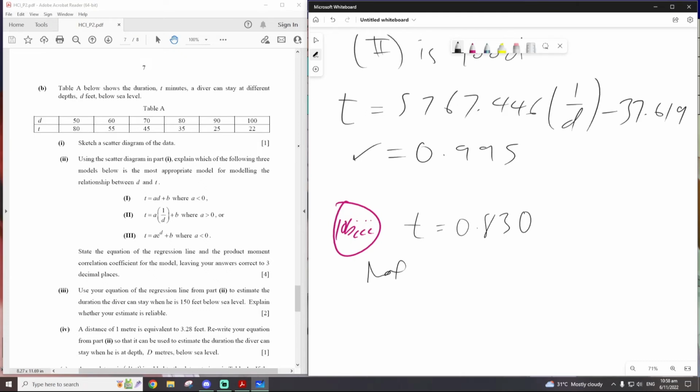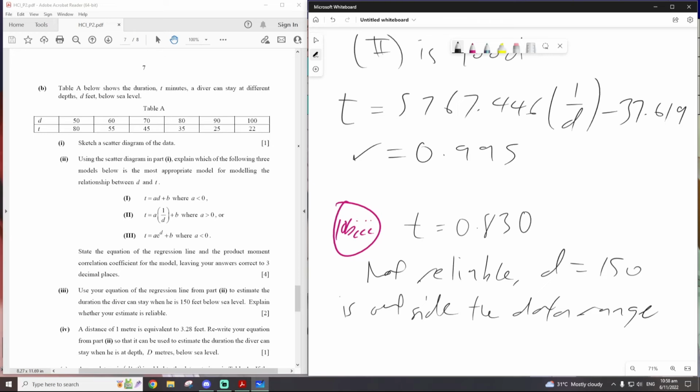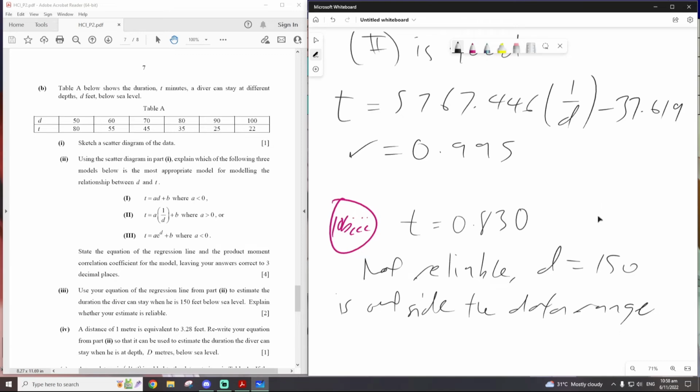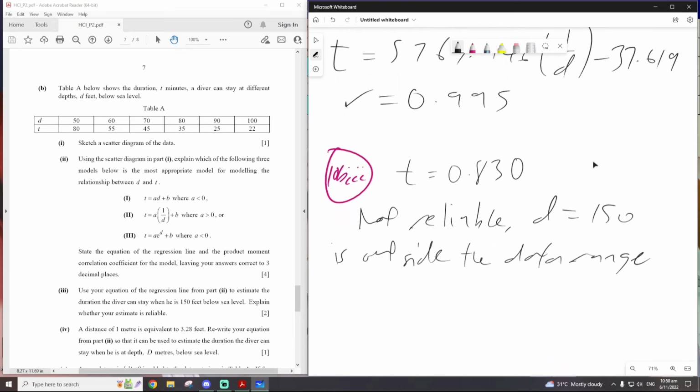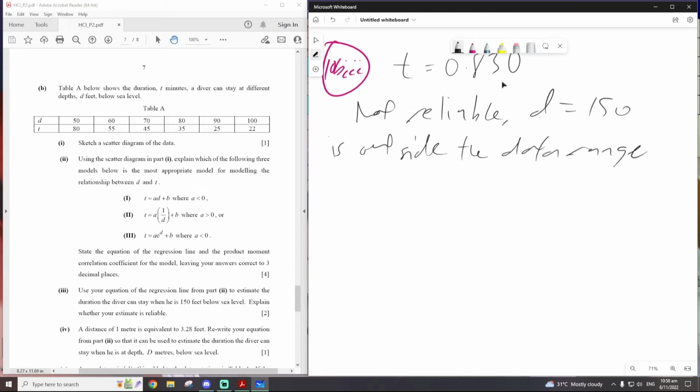Is it reliable? Not reliable. d equals 150 is outside the data range. Also, 0.830 is very low. That's a very short amount of time in minutes. Not very safe to be down there apparently. So basically this is extrapolation, so it's not reliable.